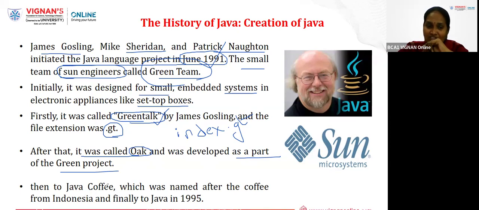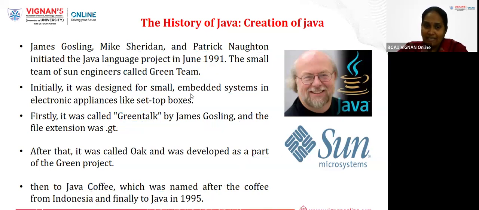Then they changed the name to Java Coffee, after the coffee from Indonesia, and finally they turned it into Java. They removed the term coffee and fixed the term Java as the name of the programming language in the year 1995.